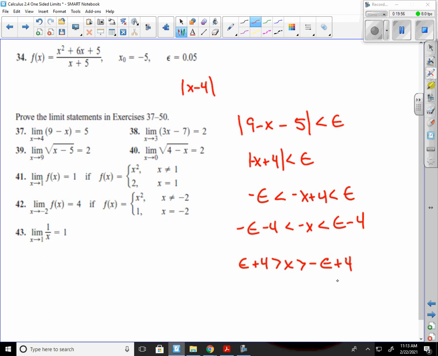And so just to finish this off here, we're going to have 4 minus epsilon, keeping our inequalities flowing the proper way, and then 4 plus epsilon. All I did was switch the direction of my inequalities and flip this side over to this one. So x has to be between these two values.